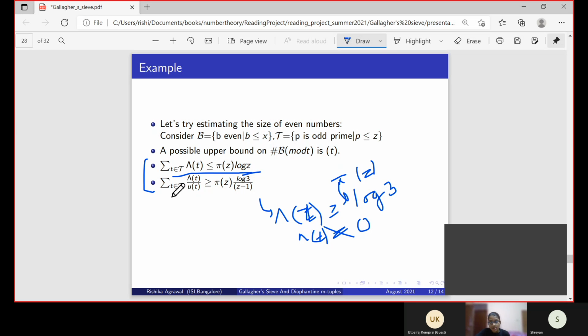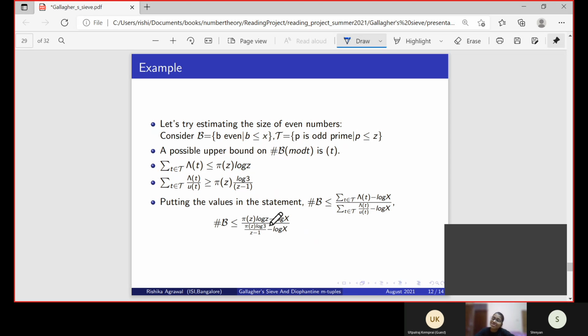Okay, and then finding a lower bound on u of t, it would be z minus 1. A possible upper bound on the size of B mod t is t. I've written here t, or as I mentioned, it can be t minus 1. So here what I've used is t minus 1. So summation over t in T of lambda t over u t is greater than or equal to pi z times log 3 over z minus 1.